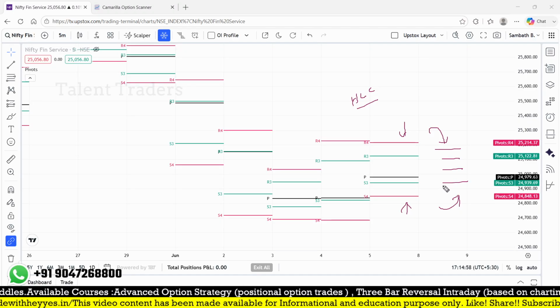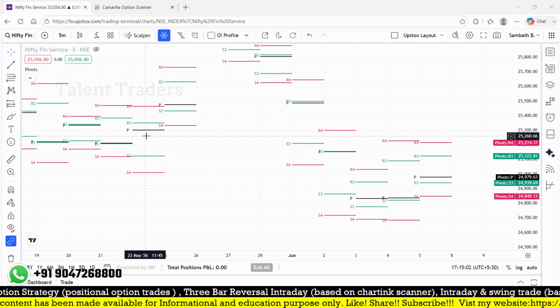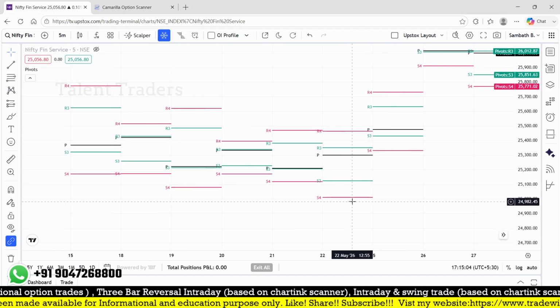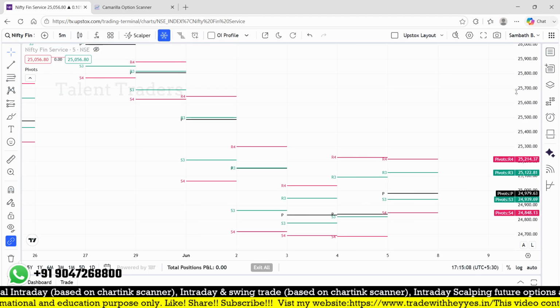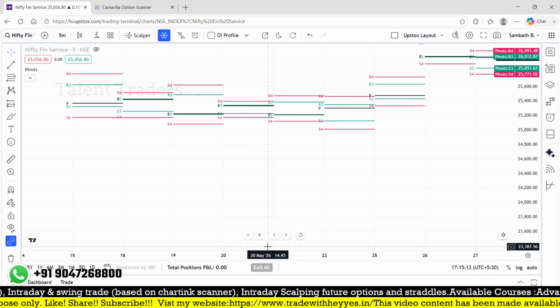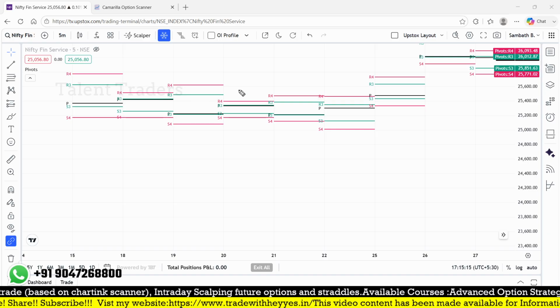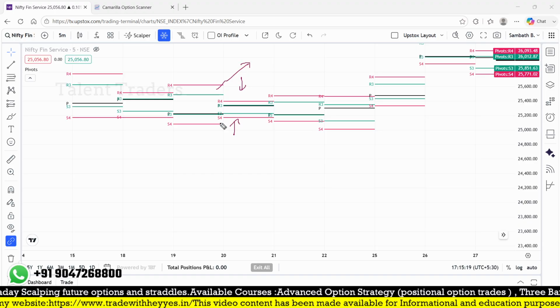There are a lot of setups in this, which we can filter out, like narrow, inside, outside, which we are going to plan with this scanner. And if you find an inside or narrow, like this is an inside one, after that we can expect either upside or downside.